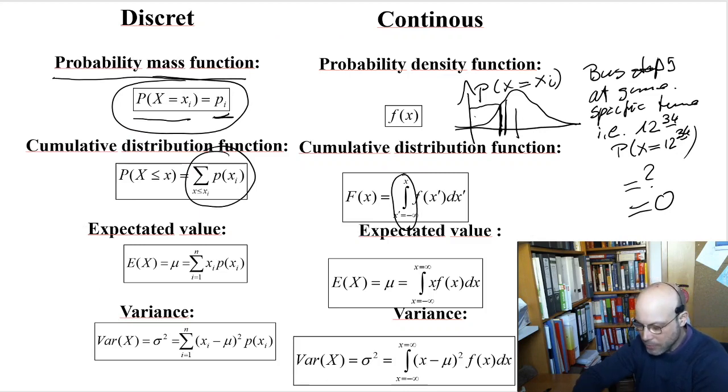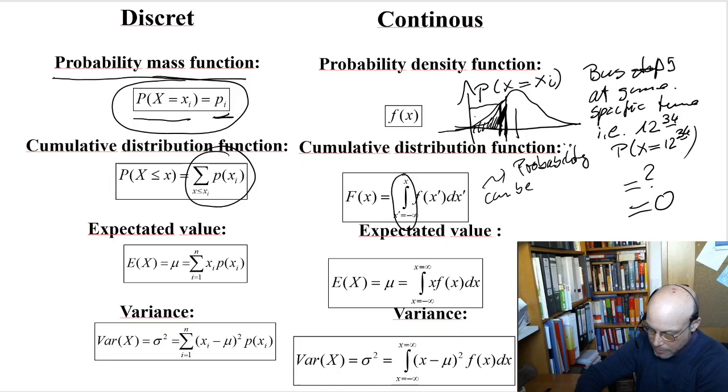So the probability to be less than specific numbers is the area below the probability function. So probability can be interpreted as the area below the density function.